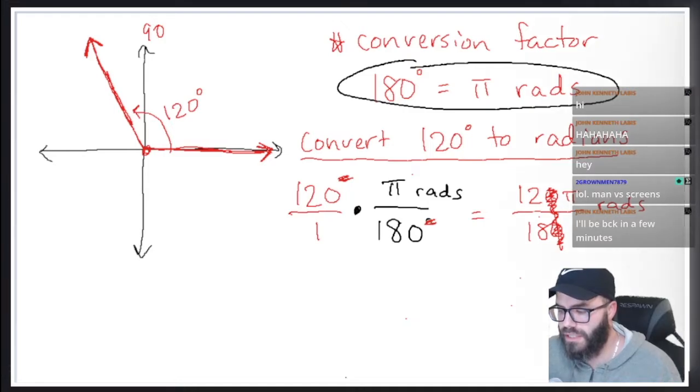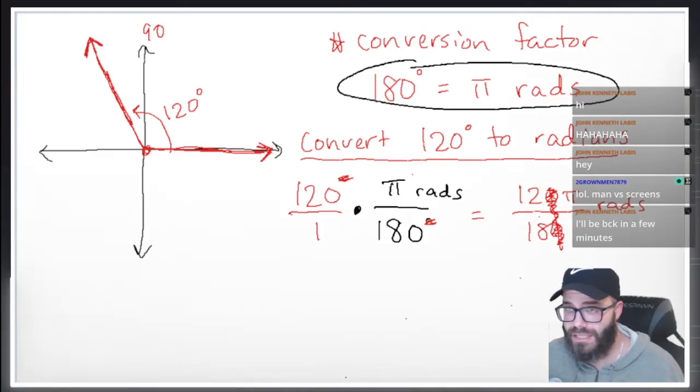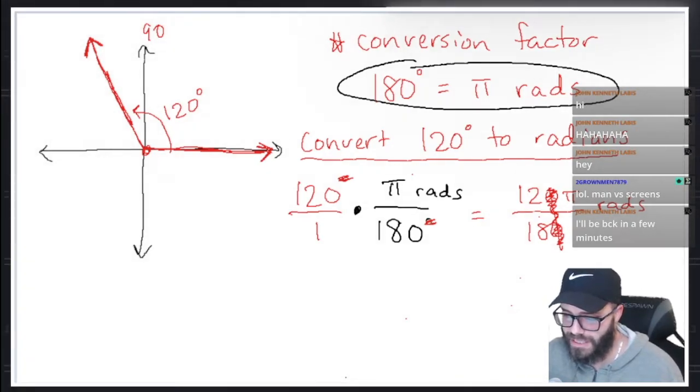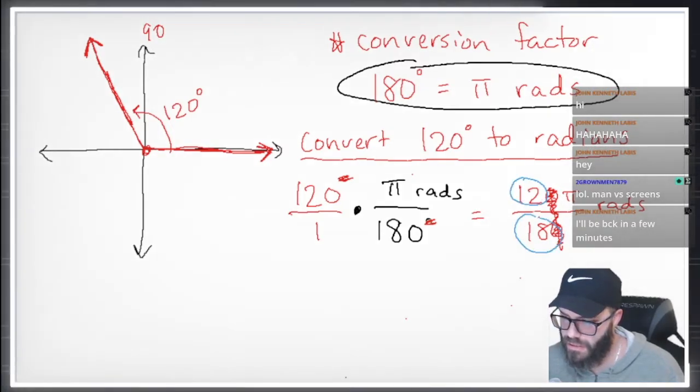That makes it a little easier to reduce 12 over 18. The GCF between 12 and 18 is 6. Divide them both by 6.